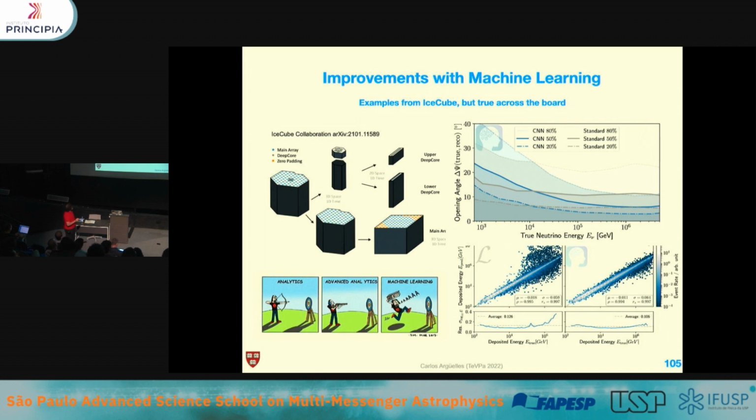The CNNs can get you to this much for cascade reconstruction. This is in degrees, by the way. And then this is for energy. This is the traditional reconstruction, and this is the new machine learning approach. So this is really neat. Okay, so I have 5.